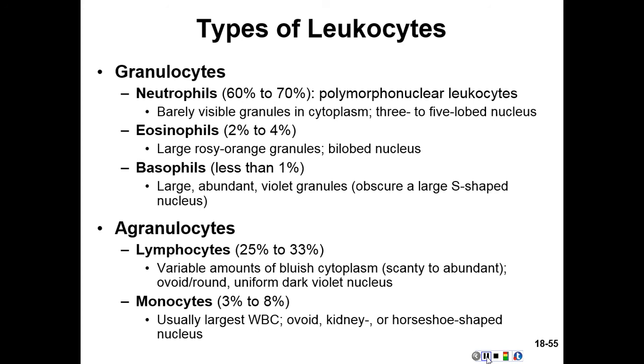Agranular lymphocytes, these are our B and T lymphocytes, make up 25 to 33%. They can have a dark violet nucleus, scanty, ovoid around. Monocytes, they're immature, but when they mature, they become what we call macrophages.